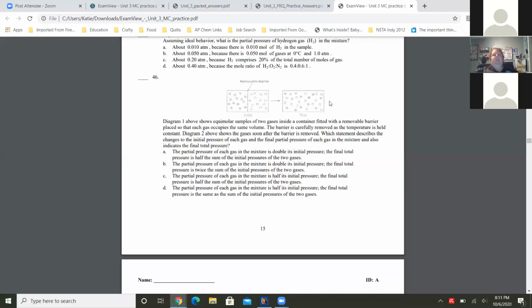So if I am doubling the volume, that means I'm cutting the pressure of each one of those gases in half. That also means that when I add those two pressures together, the total pressure is going to be half of what they were added together when they were separate. Okay, thank you.